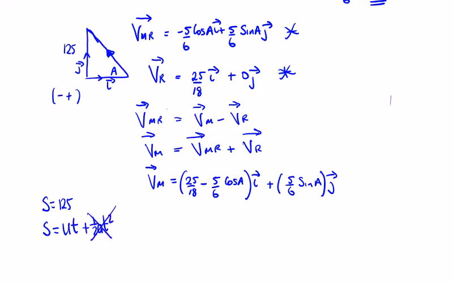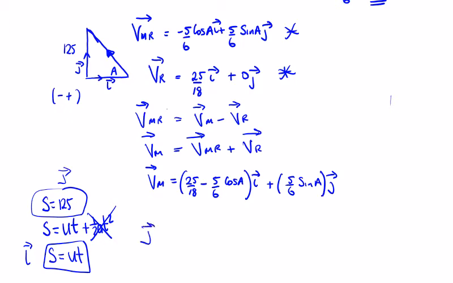If there's no acceleration, we can say that the distance in the I direction and the j direction is S is equal to ut. Now in the j direction we have this distance. So let's use that first. The distance in the j direction, S is equal to ut. Let's have a look at that.